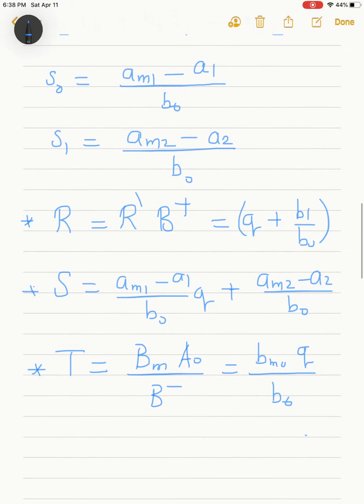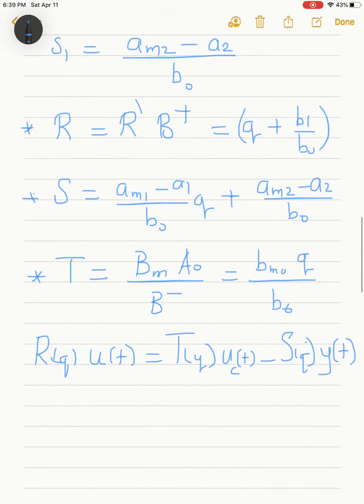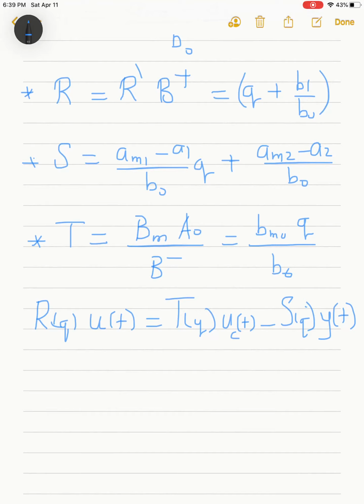It is possible to write the control law as a polynomial R times the control signal equals the polynomial T times the set point minus the polynomial S times the feedback signal y. Now if you substitute for the polynomials R, T, and S, we can derive an expression for the control signal u of t to be implemented. So let us do this.